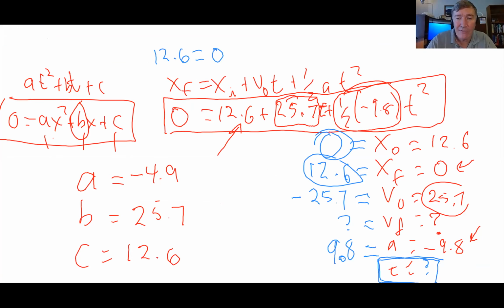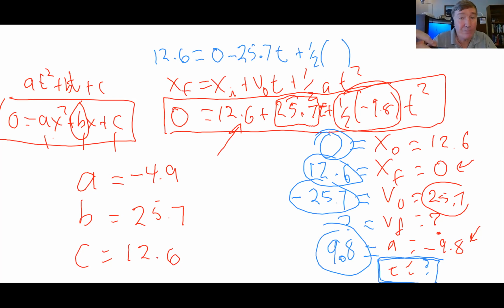For me, V initial is negative 25.7, so negative 25.7 times t, and then plus 1/2 times a, which for me is a positive 9.8, and then t squared. All right.